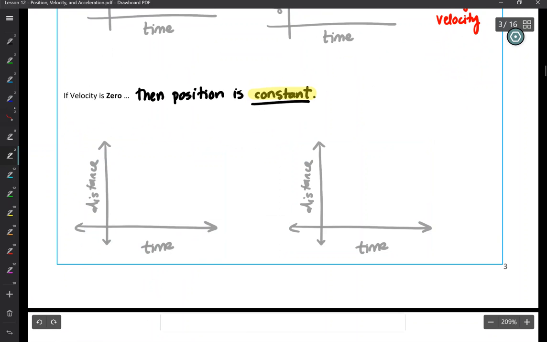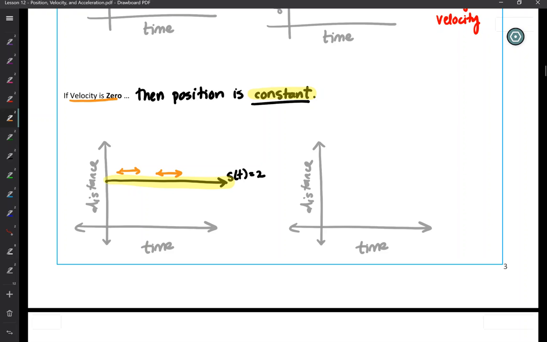Maybe your position function is constant all the time. Maybe this object is always 2 feet from wherever the start is. You know, my position is always 2. All of these slopes, so that's a constant function, all of these slopes are slopes of horizontal lines. All those slopes are 0.